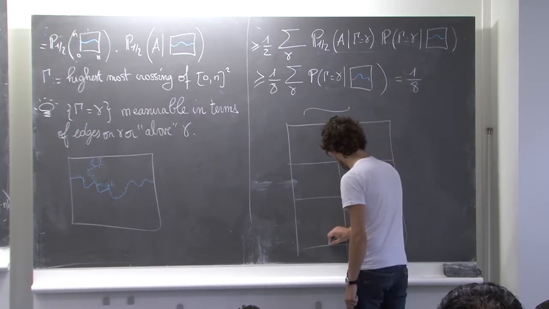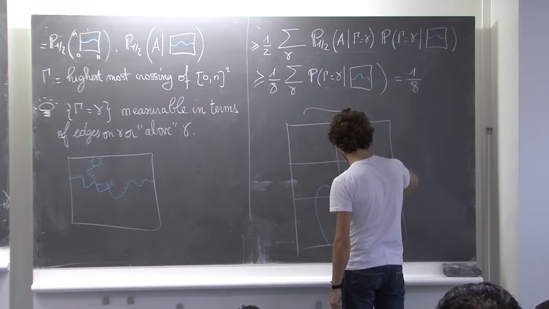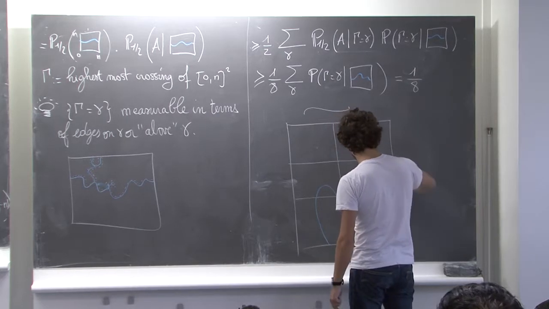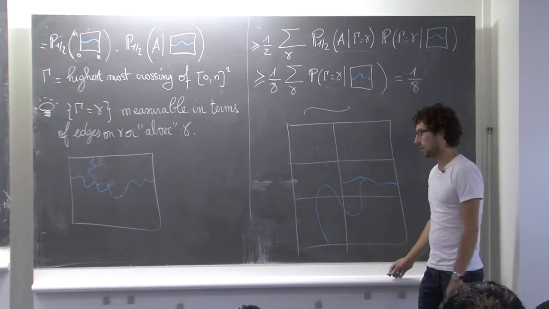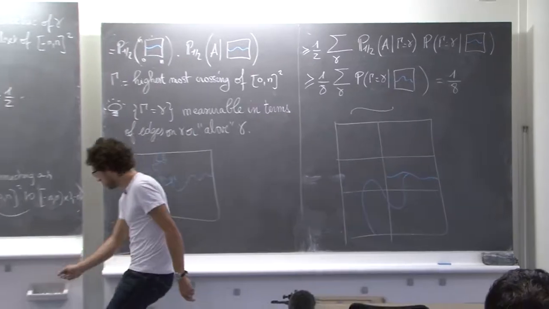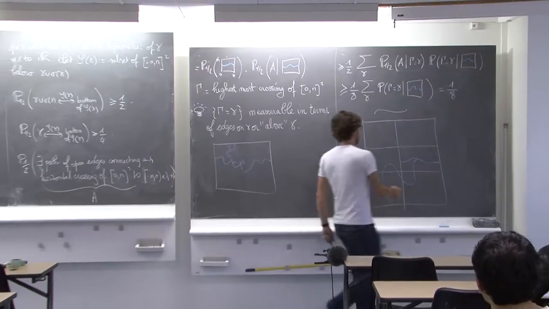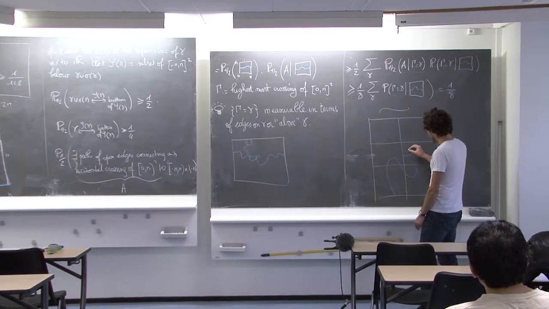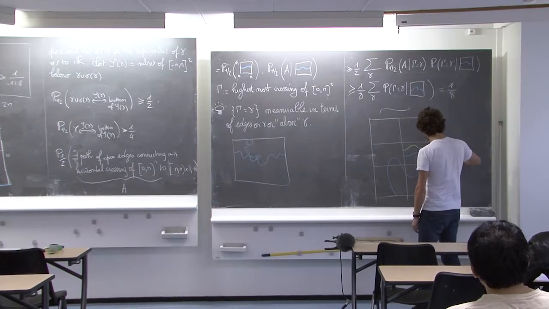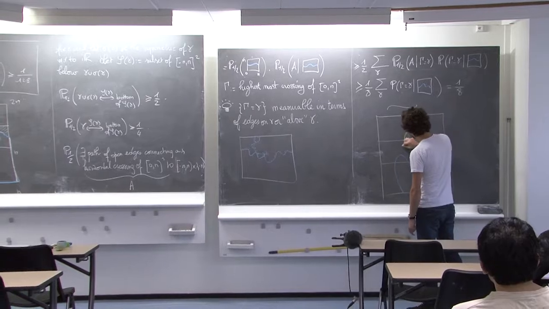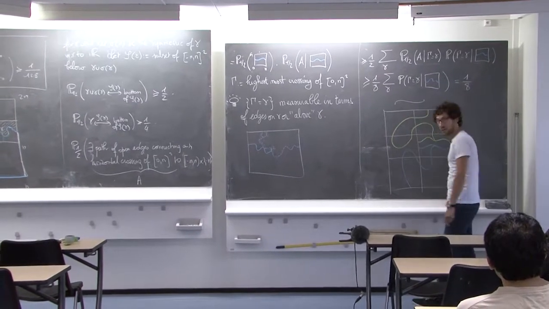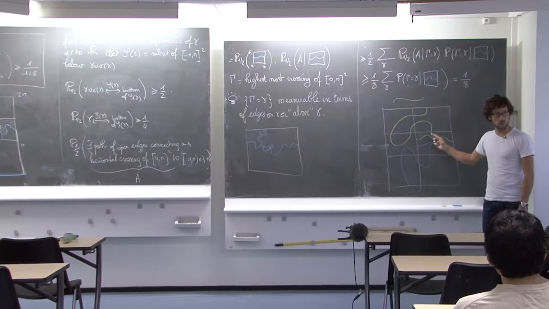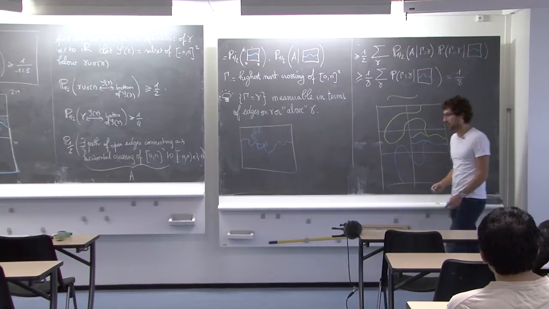So I'm going to assume that I have a crossing from bottom to top, which is connected to a path like that. I'm going to assume the same event at the top. But notice it could be like that. It could be that there is a path like that and a path going at the top like that. So these two clusters do not necessarily intersect.